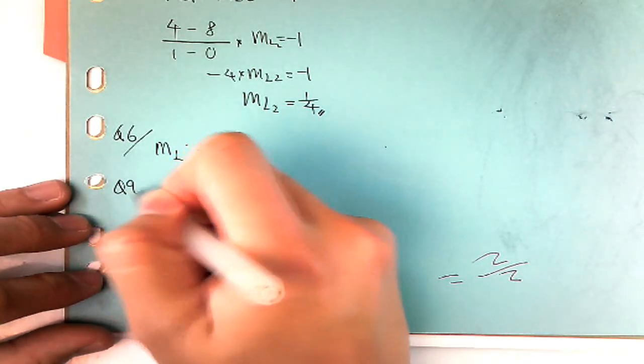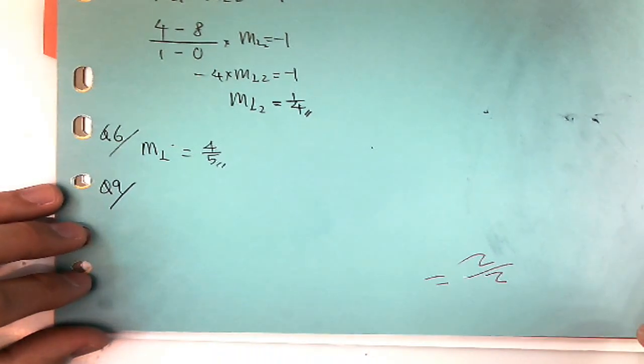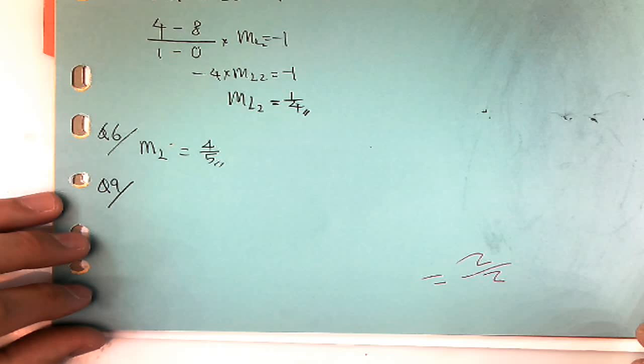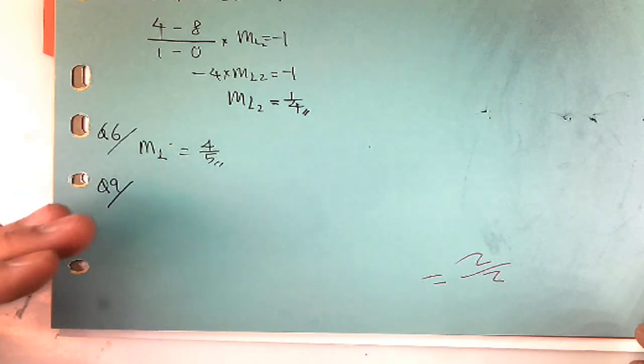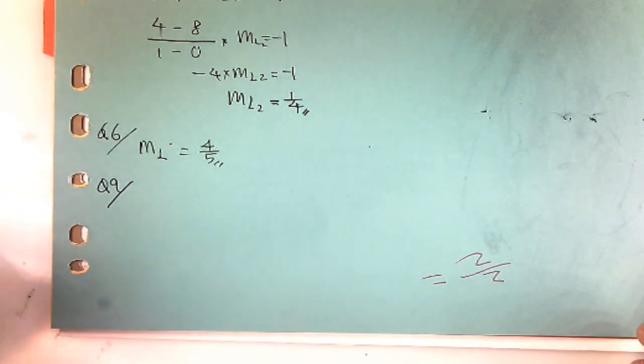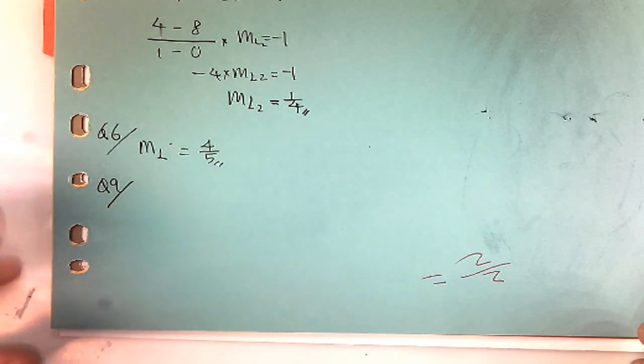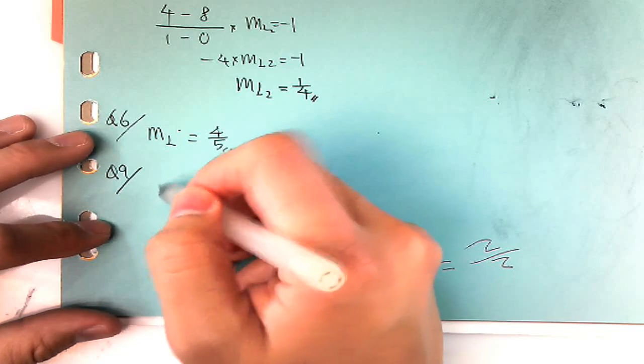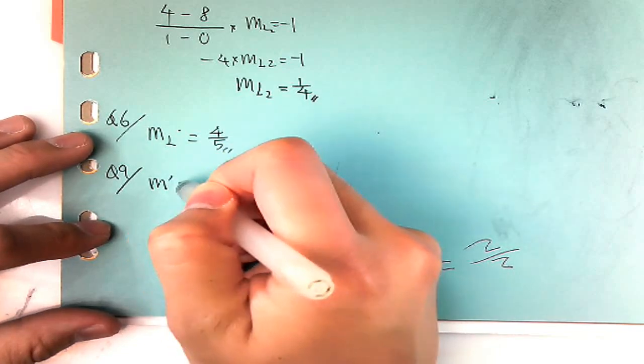Go to question 9. L is perpendicular to a straight line passing through these 2 points. Meaning that the slope of L times the slope of that straight line will be equal to -1, understand? You don't have the slope of the other straight line right now, so you have to calculate that first. You don't know the name of that straight line, you can just call it M prime.